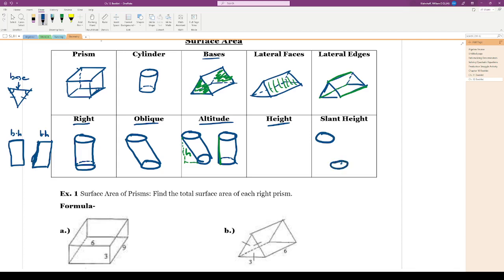So I have this oblique cylinder, and this lateral edge is now a slant height instead of a height or altitude. Even if it's not a right shape, if it's an oblique shape, this height is still important because it's going to be used to find the volume.